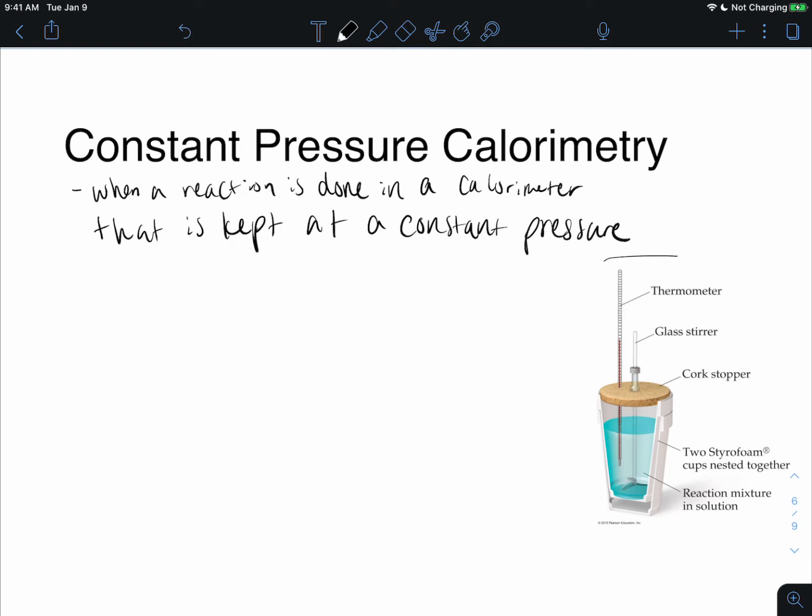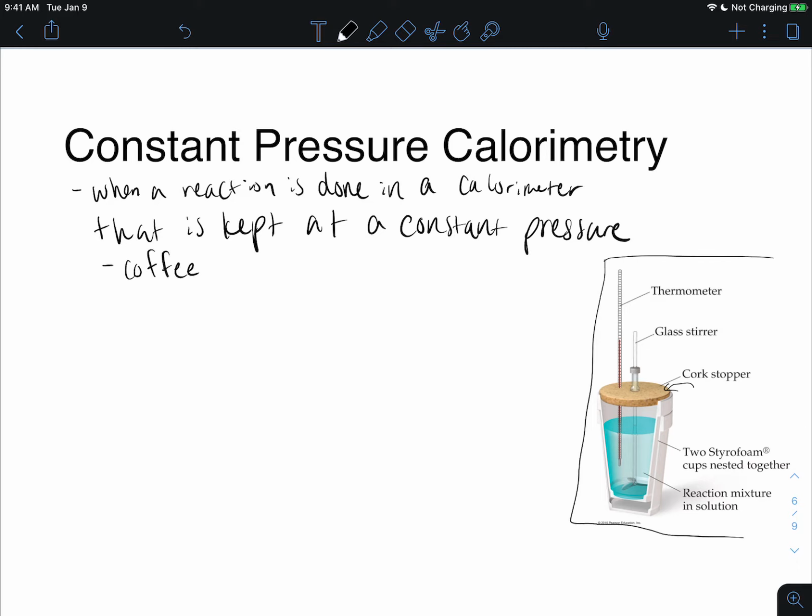So in the case of our coffee cup calorimeter, which we looked at just a little bit ago, our coffee cup calorimeter is a constant pressure calorimeter because it doesn't have anything that's holding this down, right? So if some gas evolves during this reaction, it can push up that cork stopper in order to release that and keep a constant pressure system. Okay, so all of our coffee cup calorimeters are going to be constant pressure calorimeters.